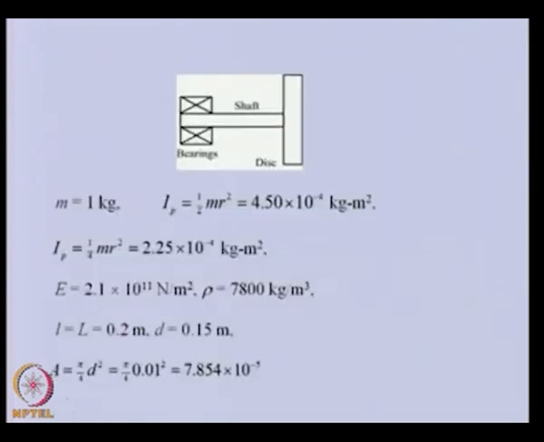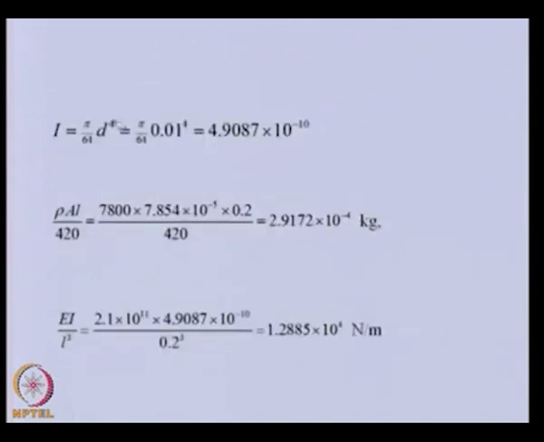So, these are the properties of the shaft, and initially we are taking a single element for illustration purposes, but we will show the results for more elements. So, these are the properties. These we can calculate based on the data given.